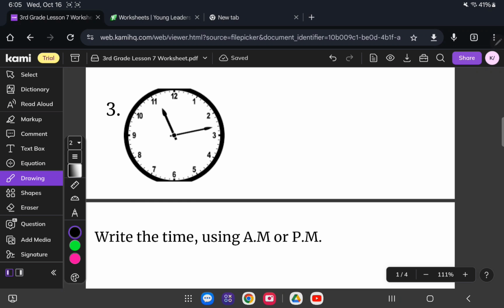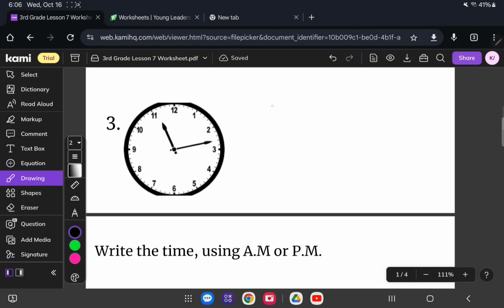Number 3, we see that it passed 2, which is 10, and it went over 1, 2, 3 times. So that means the minutes is 14. No, wait. It is 13. Sorry. And then it is closest to 11, and it's still over here.